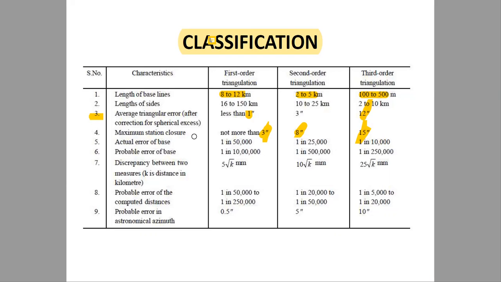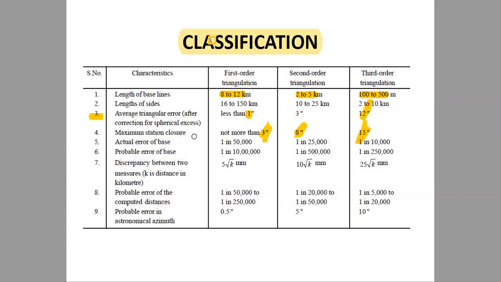Whenever we have a closed traverse, the starting point and the last point of the traverse should coincide exactly. But if they don't coincide, that error is called closing error.